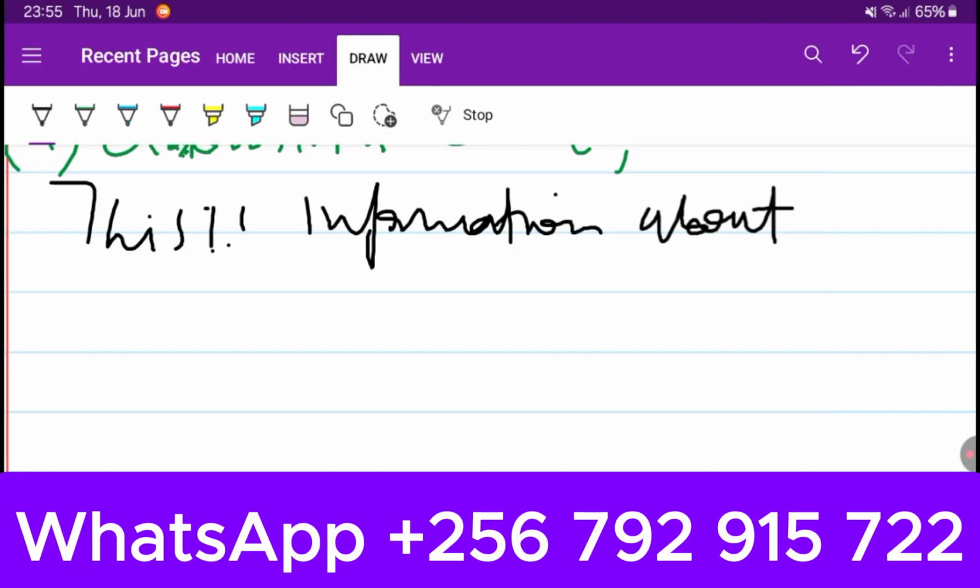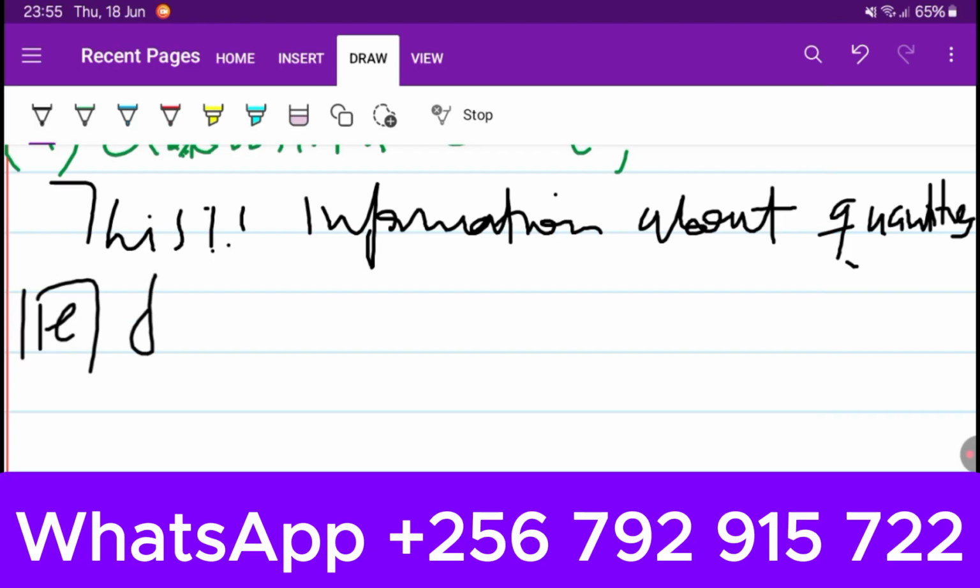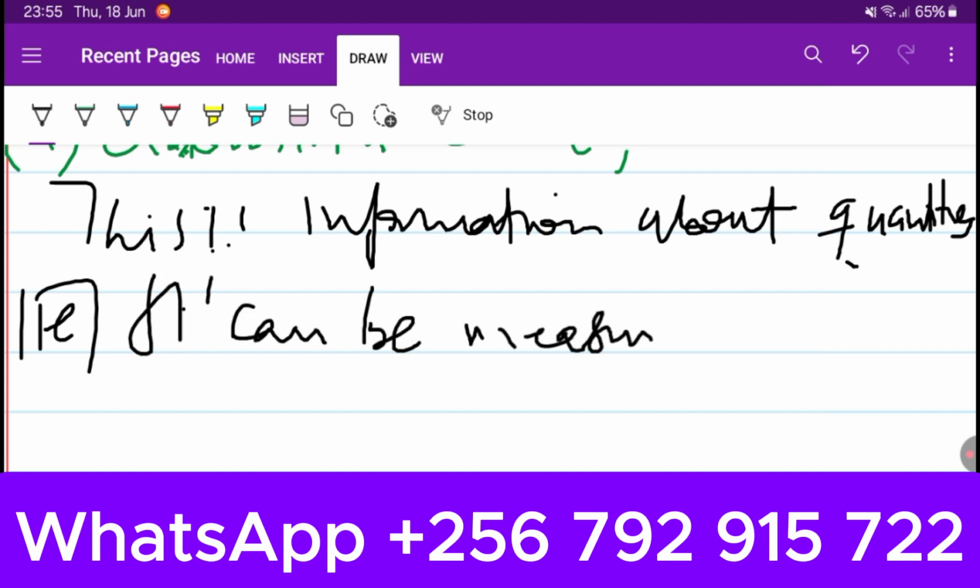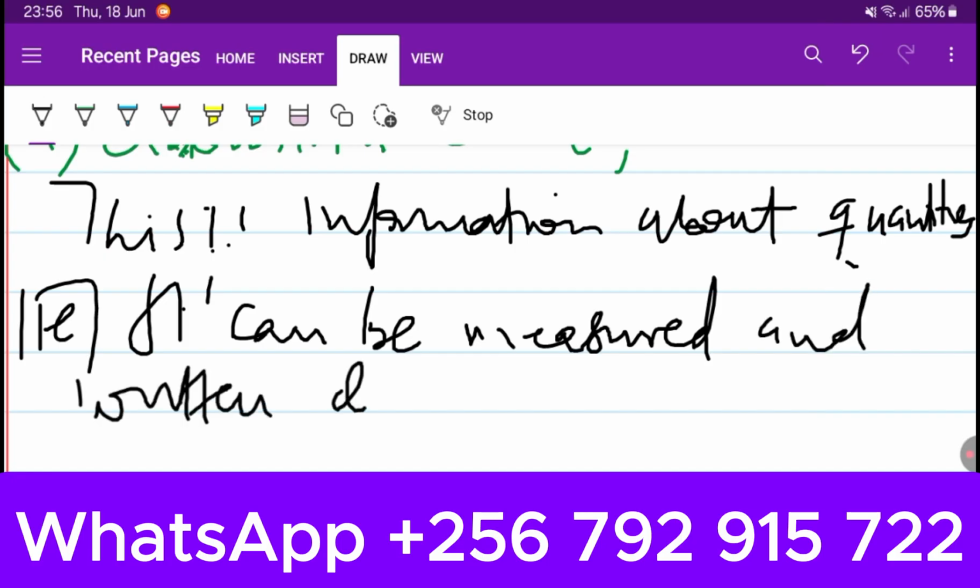This is information about quantities. In other words, we are talking about information that can be measured and written down with numbers.